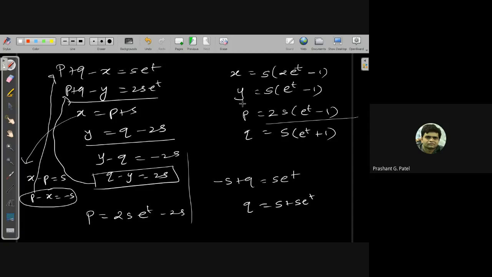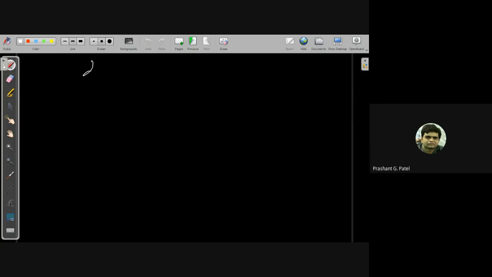Now we need to solve. The ultimate goal is z, that is dz/dt. dz/dt we have is p(p + q − y) + q(p + q − x).